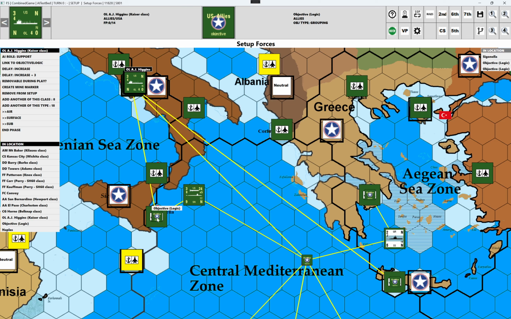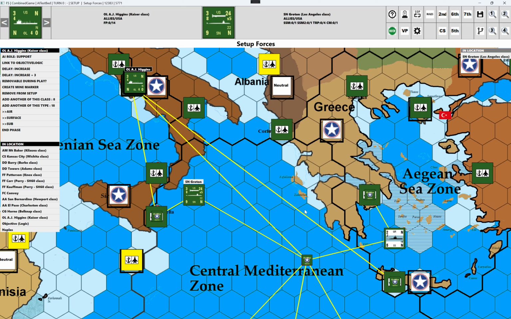Essentially, what that means is if it runs out of stuff to do, especially things like oilers, if it gets broken away from a task force and it's sitting by itself, it's just going to beeline for the grouping one. The goal is it'll get there eventually, and then when other ships come in because they're on a grouping or they're coming to replenish, he just gets sucked up by them and pulled up, and he just goes along with them.